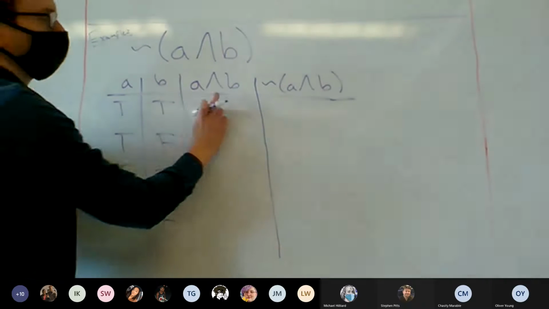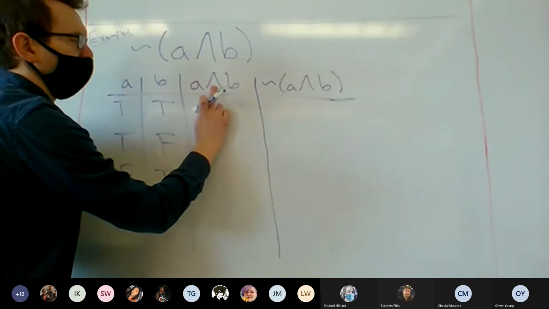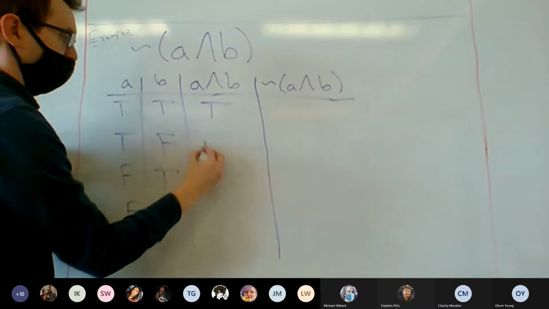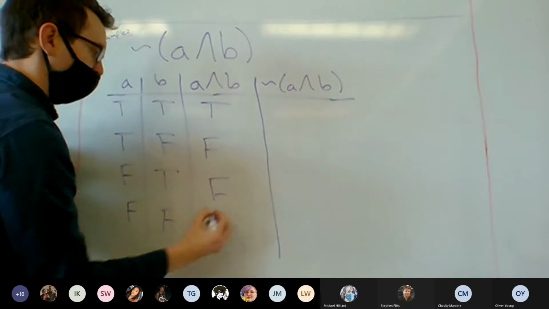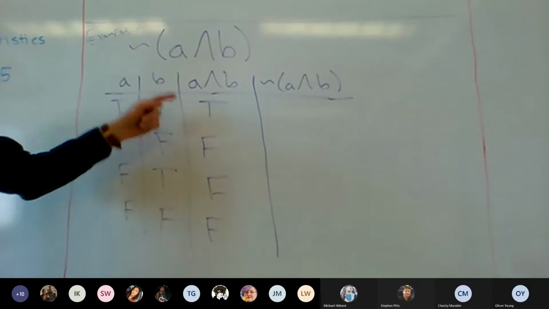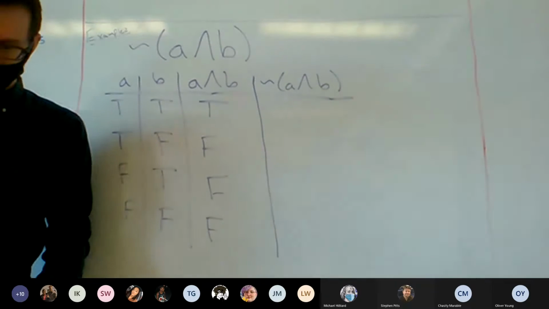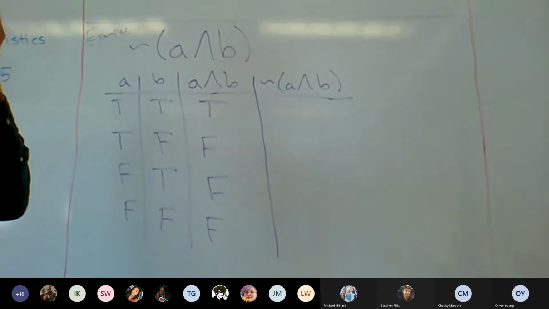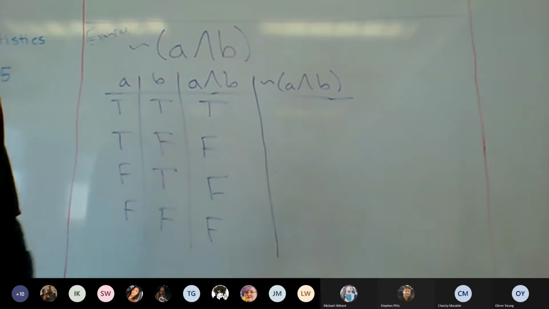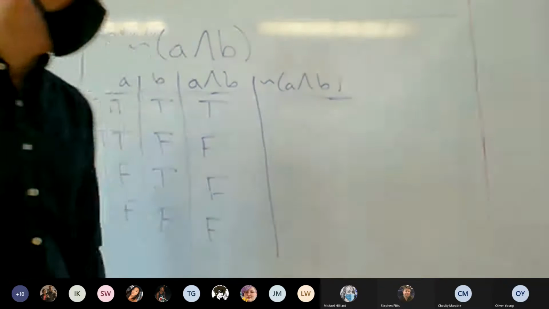So we got our table set up. Now we're recalling our rules for conjunctions. They're only true if both inputs are true. So this is the classic conjunction table I gave you: true, false, false, false. How do I construct this column?